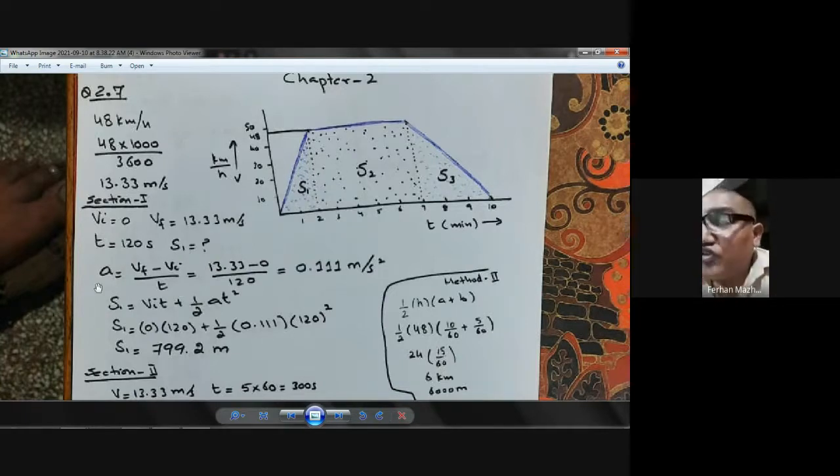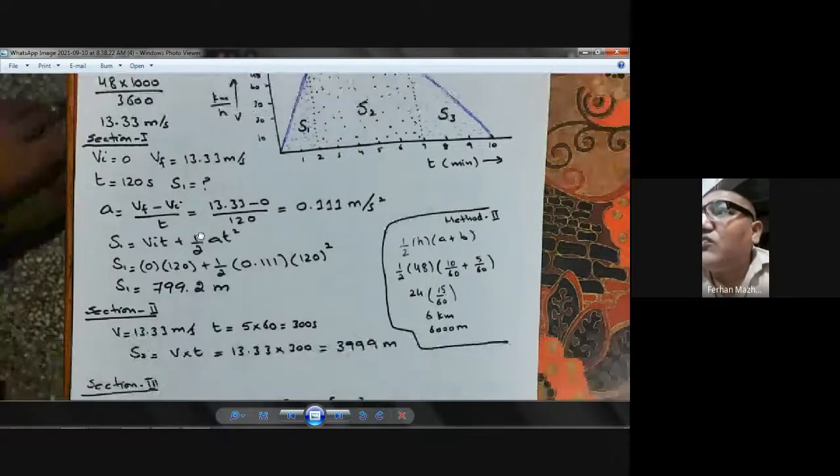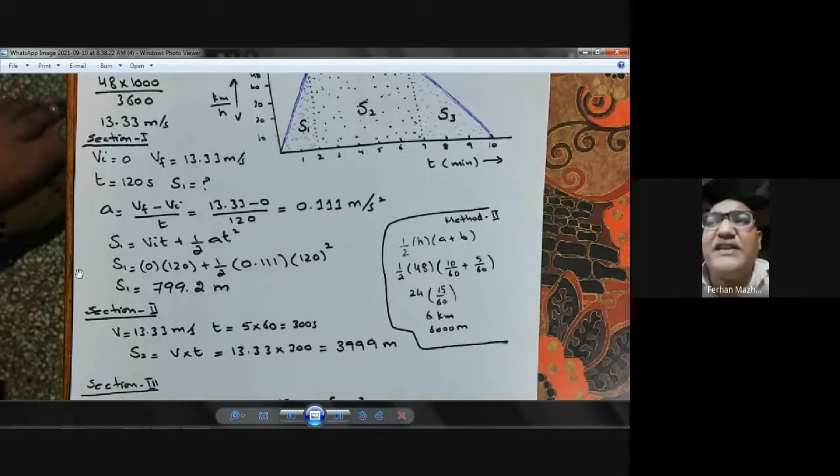First of all, for this portion, I will find the acceleration. The acceleration is Vf minus Vi divided by T. Vf is 13.33, Vi is 0, time taken is 120. So the acceleration will be 0.111 meter per second square. Then apply the formula S equals ViT plus 1 by 2 AT square, the second equation of motion.